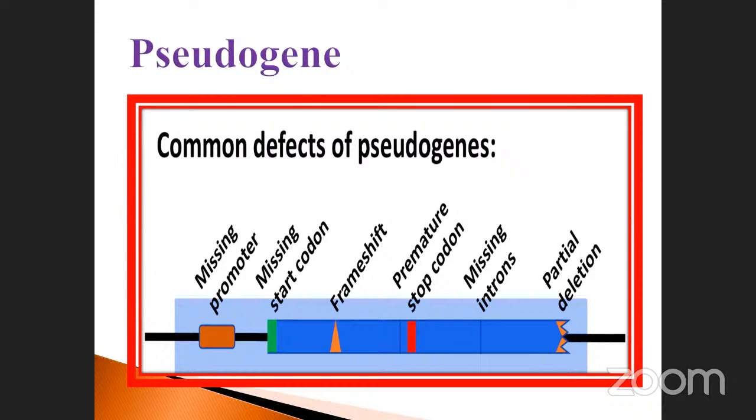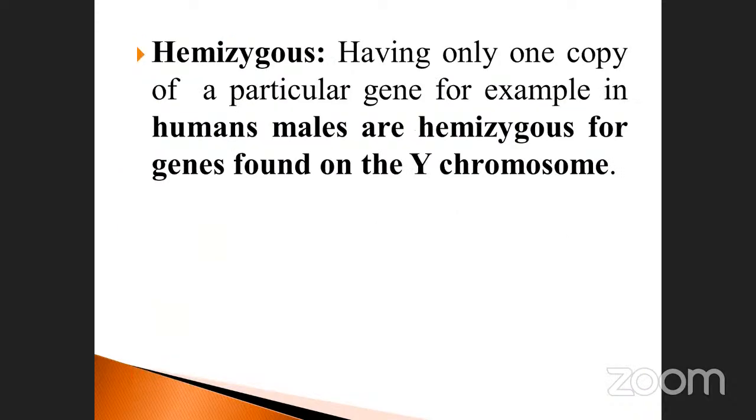Okay, so this is the other one. And hemizygous, don't forget, my dear students, this is very, very important. Hemizygous means what? Having only one copy of a particular gene. For example, in humans, males are hemizygous. Because in the male sex, what chromosomes are present in it?